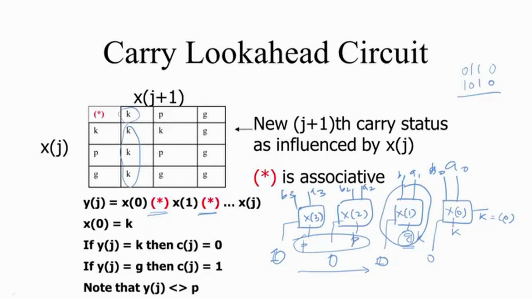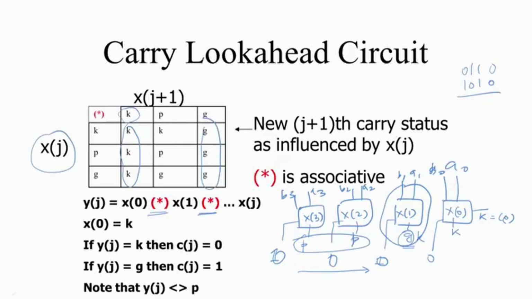So whatever be my status of xj, this operator will just kill. So all that is going to propagate from this point is going to be zeros. If my j plus 1 is generate, I do not care about what is happening to my right, all that I am going to propagate from this end is going to be G.